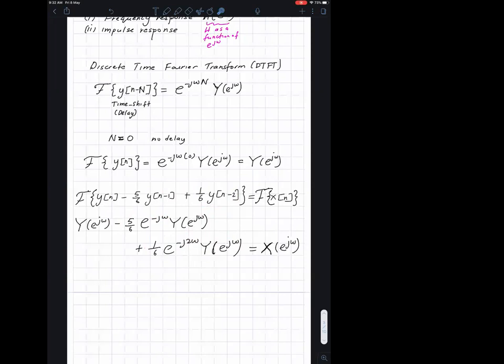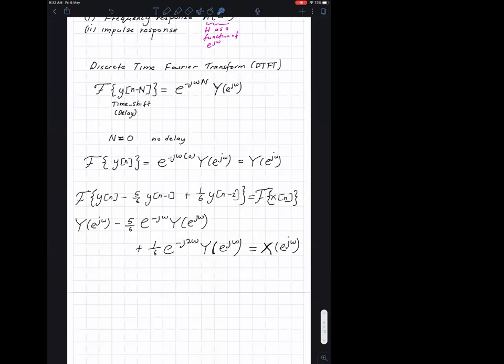It's simply 1. It won't show up. And now at the input, it's only the current value. There's no delay. So simply it's going to be X as a function of e to the j omega.